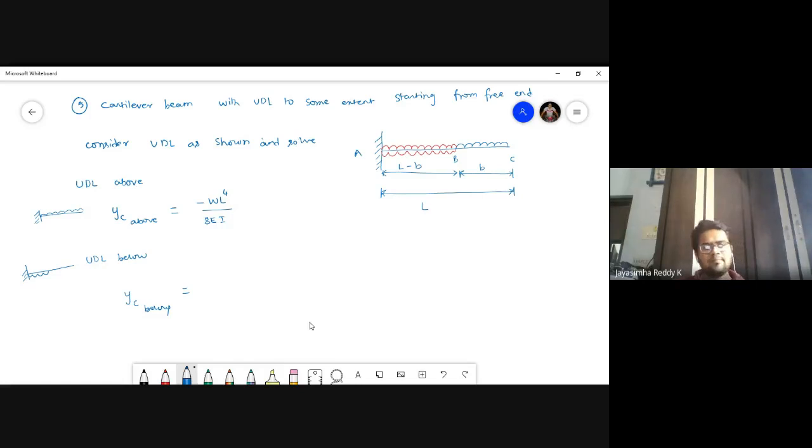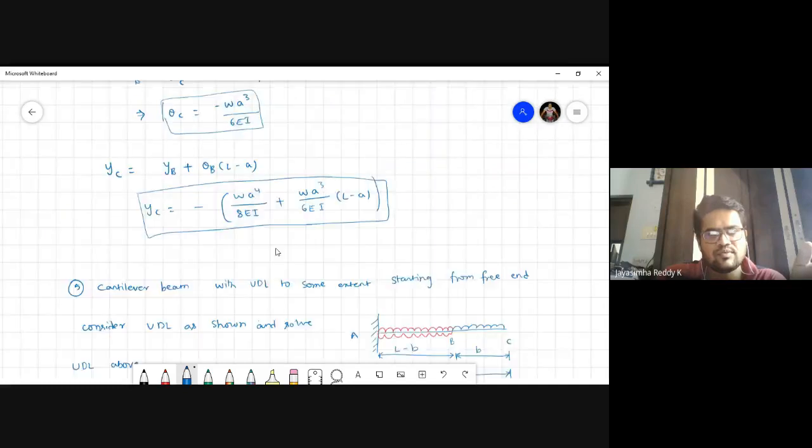Since we solved this earlier, we can write this length A as L minus B here. Above we got A, here in place of A there is L minus B. So W into L minus B whole power 4 by 8 EI plus W into L minus B whole cube by 6 EI into L minus B.